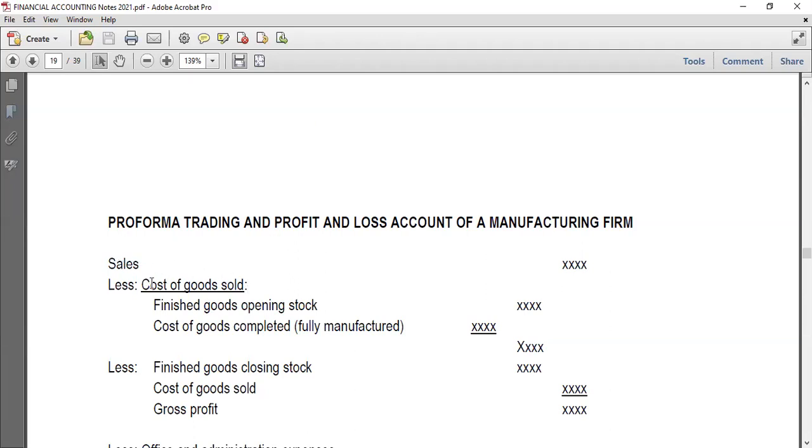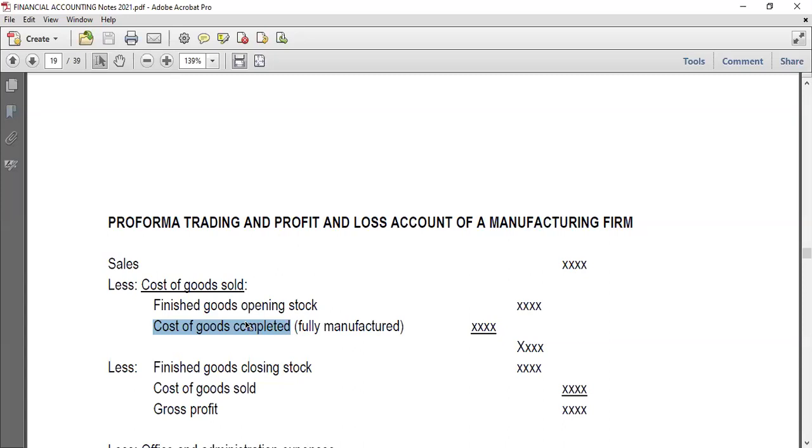And remember, this cost of goods sold is the normal cost of sales, which looks at the opening stock. Now we add the cost of goods. In a normal retail business, after getting opening stock, we would add purchases, okay? But manufacturing companies don't purchase; they actually manufacture what they sell.